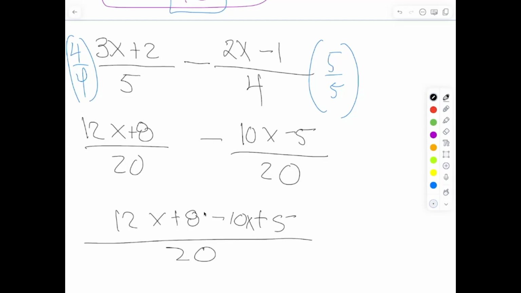Yes. Then we combine 12x. Now, does everyone understand how this -5 became a +5? Are we clear on this? Because you don't want to make a careless mistake. That negative gets distributed. Negative gets distributed, right? Boom. Negative 10x. Boom. Positive 5.